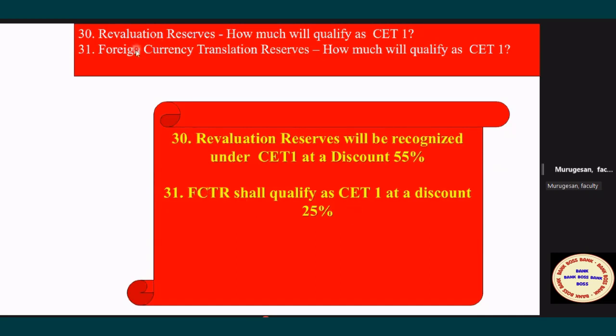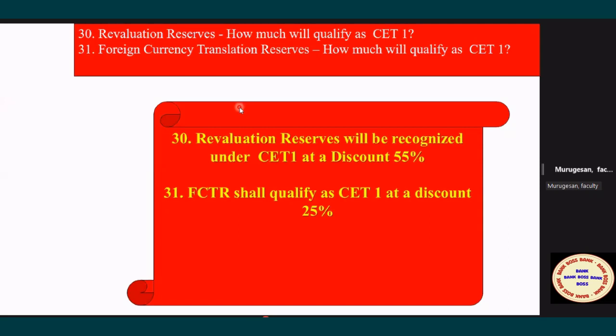Now, another reserve is the foreign currency translation reserve. Sometimes you have made a borrowing, or something is receivable from another country, such as export receivables. In the process of receiving the foreign currency and finally accounting in India, there may be a problem. You may realize $1 million, but when accounting in rupees on that date, there may be fluctuations in the exchange rate.